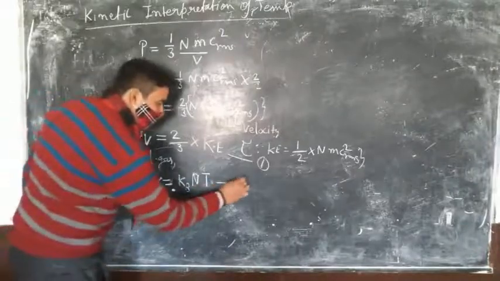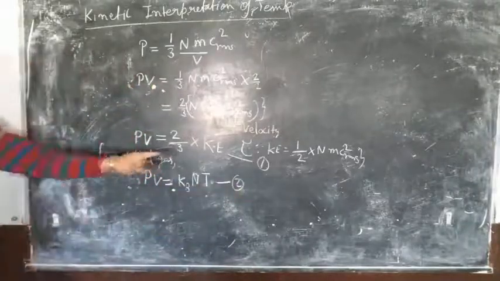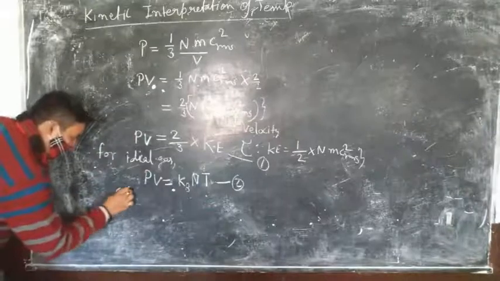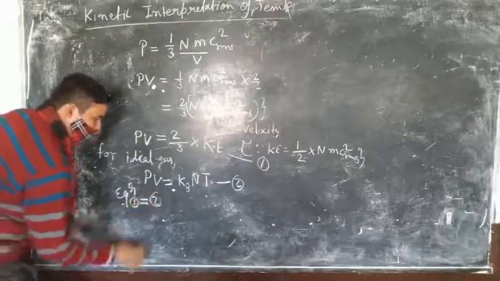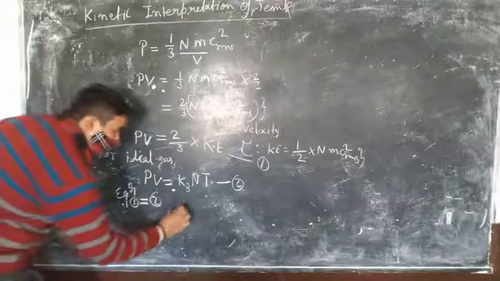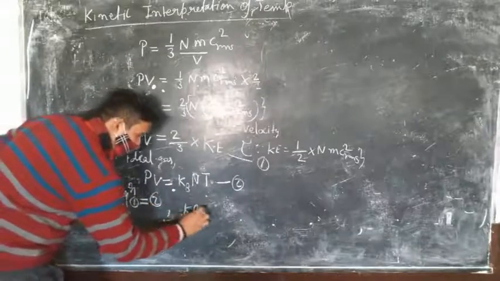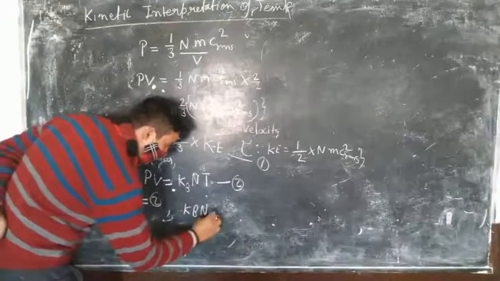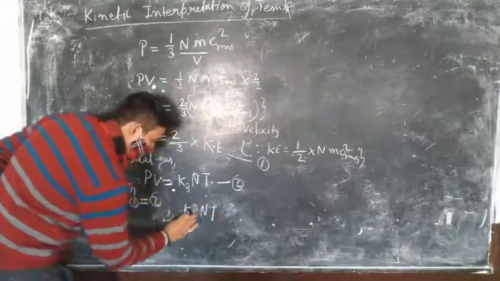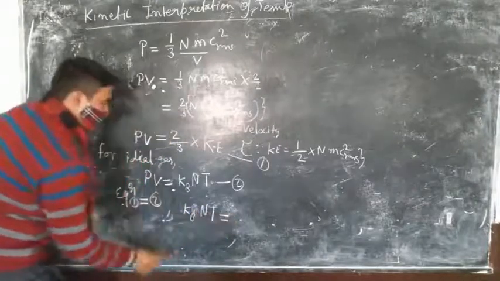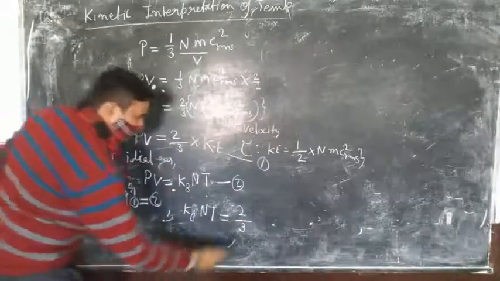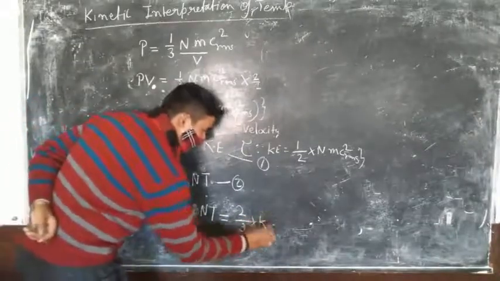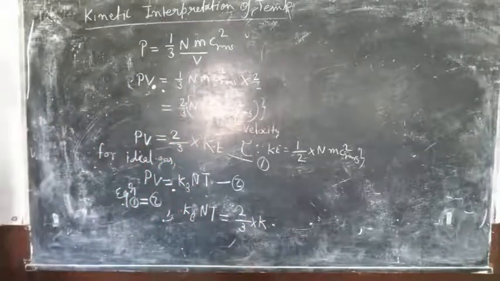Now this is your equation second. By equating equation first and second, we get n KB T is equal to 2 by 3 into K for kinetic energy.